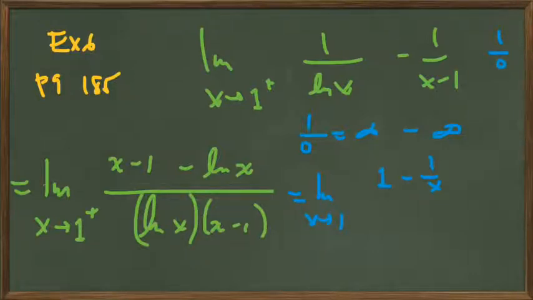The derivative of the bottom is the product rule. So it's ln x times the derivative of x minus 1, which is just ln x, and then plus the derivative of ln x times x minus 1. And let's see what we have here as we let x go to 1.